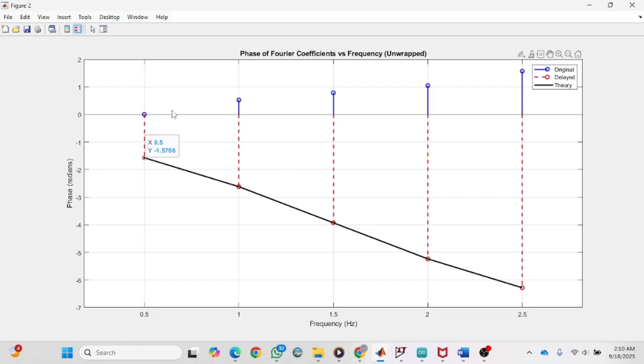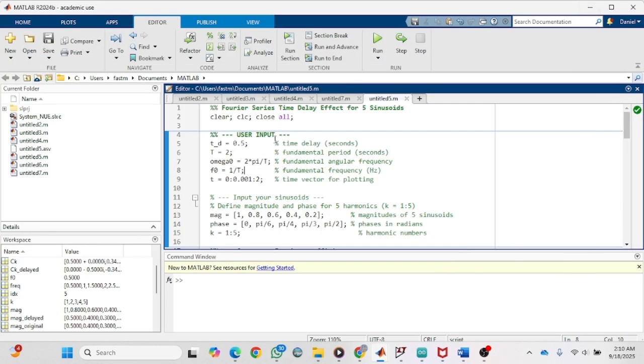Here, the values on top are the original phase, which if we go back to the code, was pi on 6. So we can try it again: pi on 6, subtract k, which is 1, multiplied by omega naught, which is 2 pi on T, which is just pi, and you multiply that by td, which is 0.5.